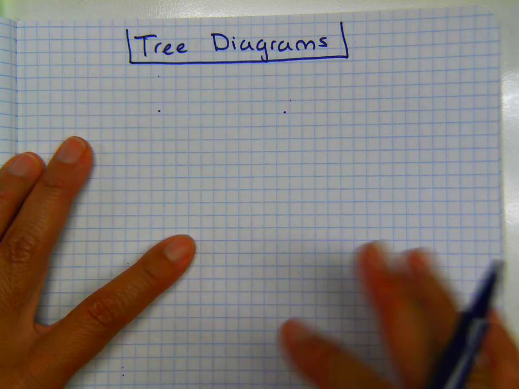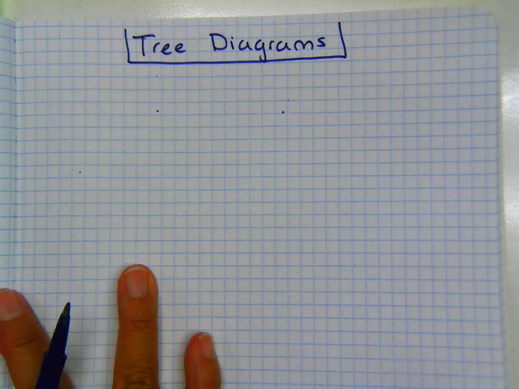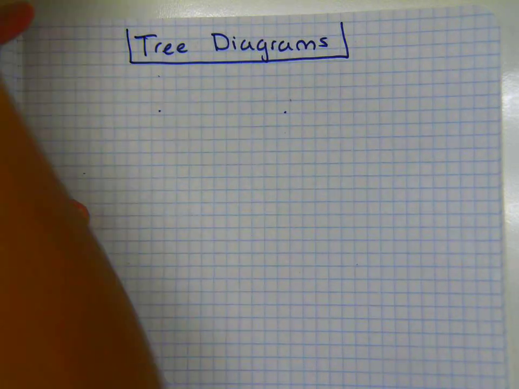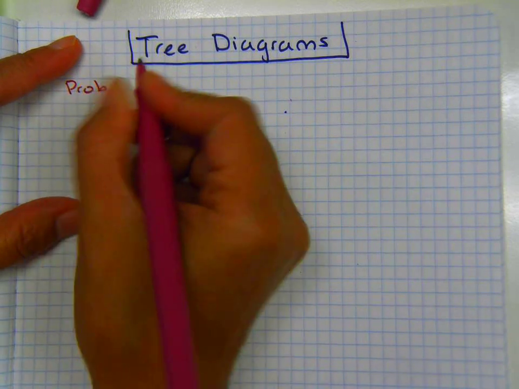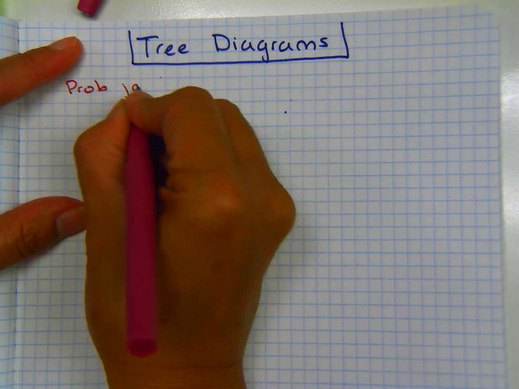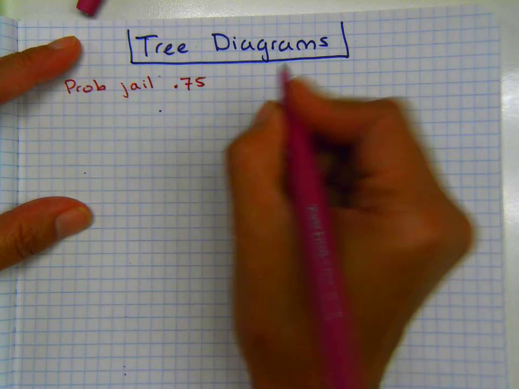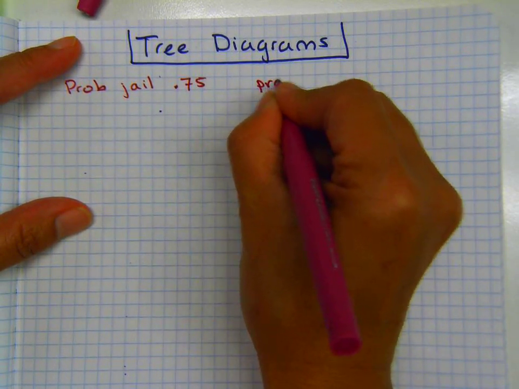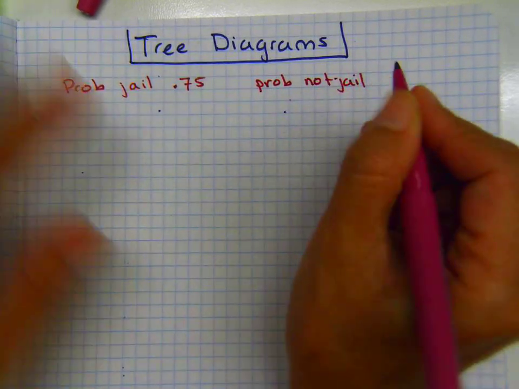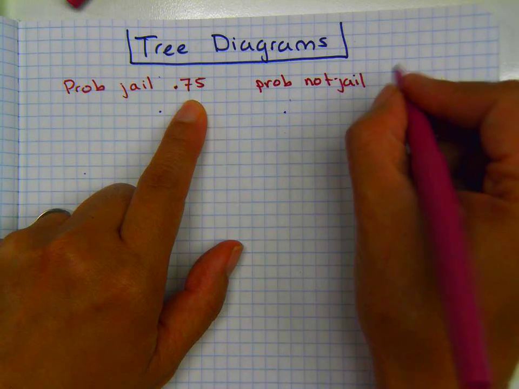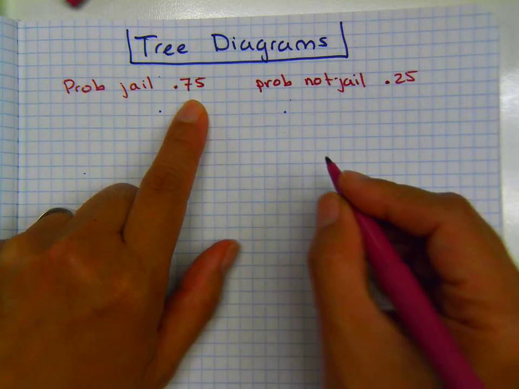We're going to try to find probabilities of different situations. So I'm going to give you a little bit of information here. Let's just say the probability that somebody goes to jail is 0.75. So the probability they won't go to jail, well, it's got to add up to 1, so if this is 0.75, this has to be 0.25.